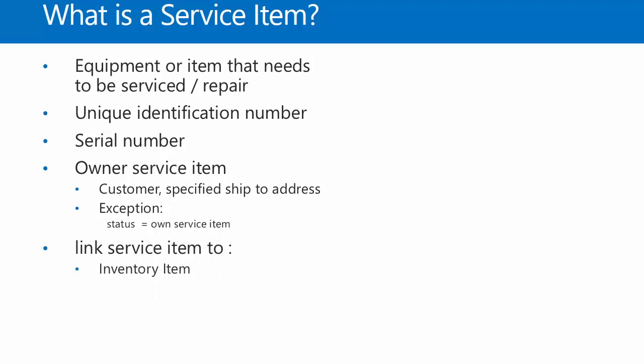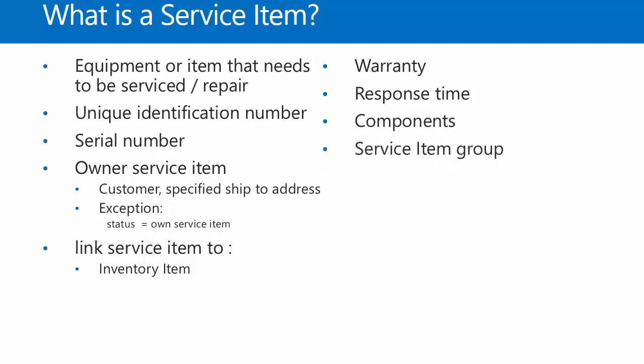You can specify service level agreements for each service item by specifying warranty and response times. A service item can include a component list, and you can assign service items to groups that share similar characteristics in terms of service. Service items will be used on service orders and contracts.